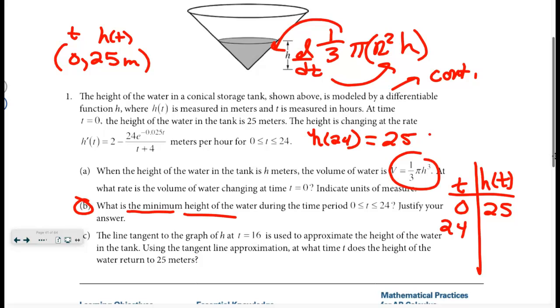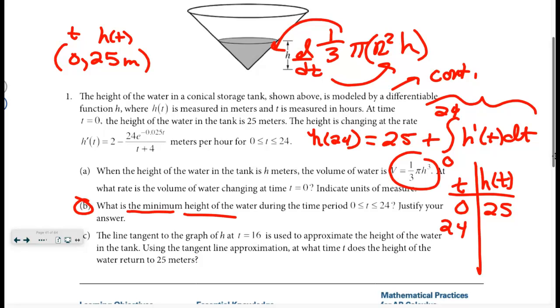And then whatever was accumulated from, and they gave me H prime, so I've got to do the accumulation. That's it. Integrate my derivative to get to H. What would be the limits? 25 at the start, plus what accumulates from where to where? 0 to 24.